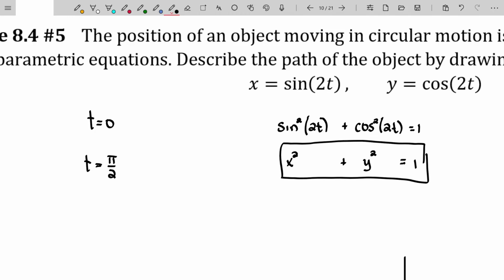In fact, in this case, you'll see I might want to do a pi over 4. So time equals 0, we get the following. x is 0, and y is 1. Time equals pi over 2, we get that x is equal to sine of twice pi over 2, which is sine of pi, which is 0. And y is equal to cosine of twice pi over 2, or cosine of pi, which is -1.